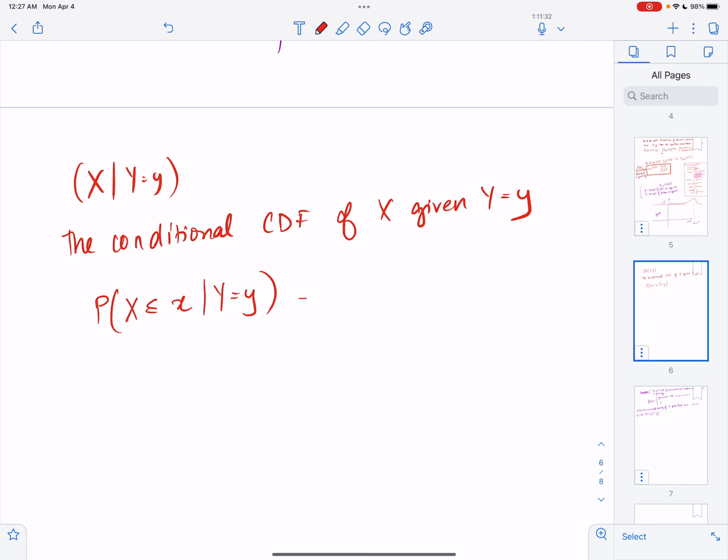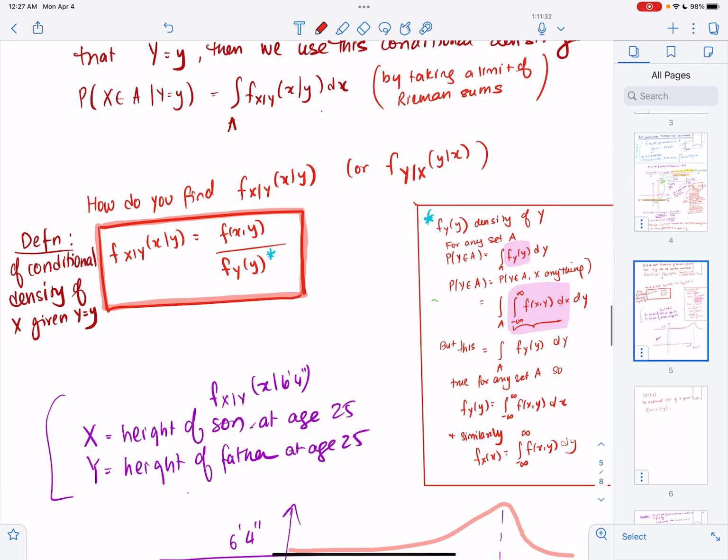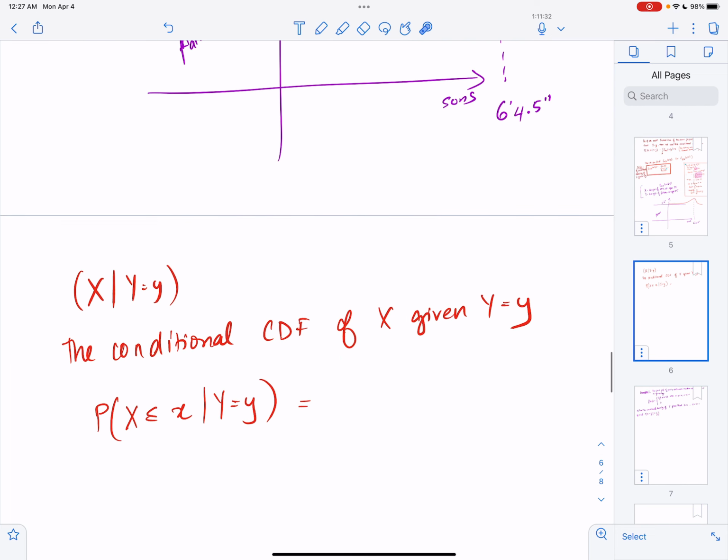This is the density of this random variable, so you integrate over the set from minus infinity to x the conditional density of the random variable x.